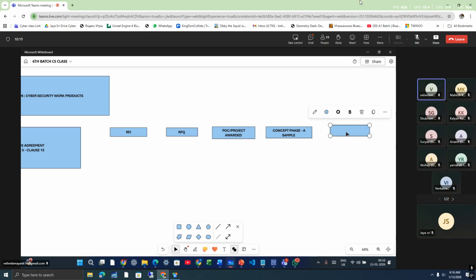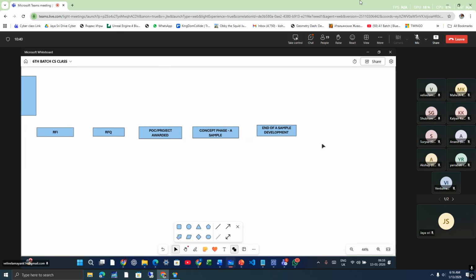From RFQ to your SOP, sometimes it will take 4 years. So end of A sample development. This sample will start.